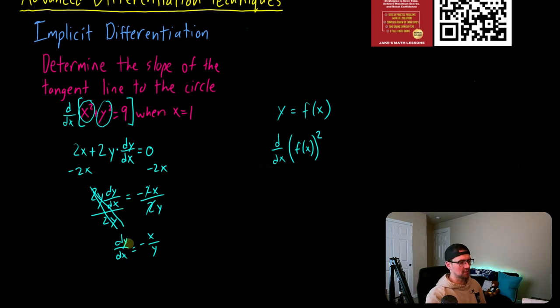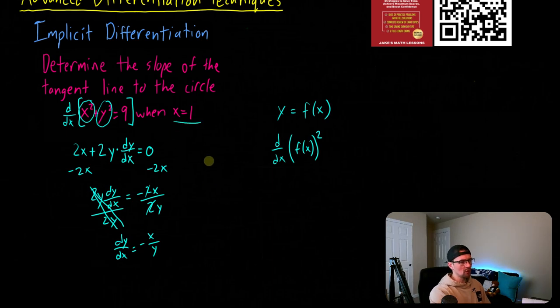In other words, dy/dx. dy/dx essentially just represents the slope of the tangent line of your equation. Now in this case we have a formula for dy/dx, right? It depends on x and y. So we need to actually figure out what x and y are to plug into this to find what our slope of our tangent line is at that point.